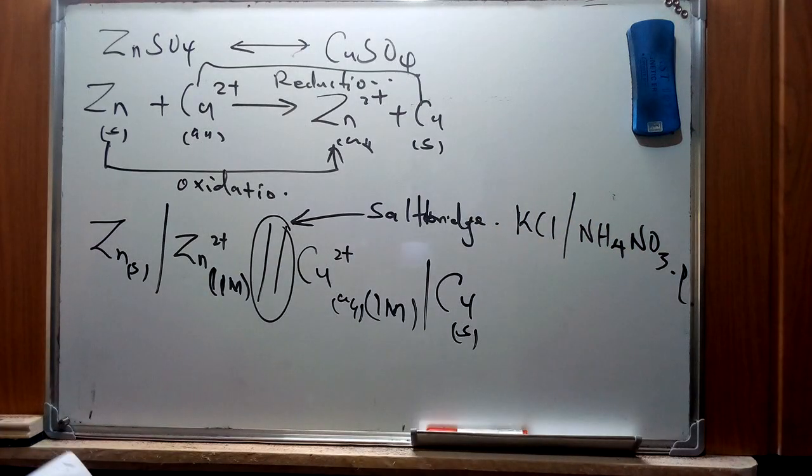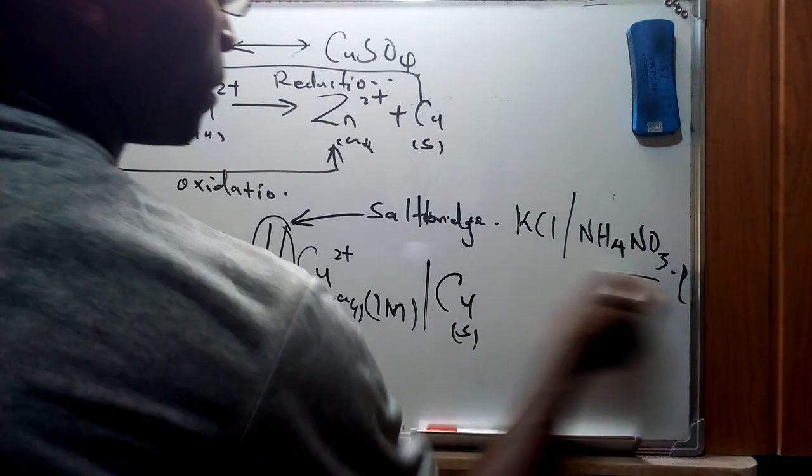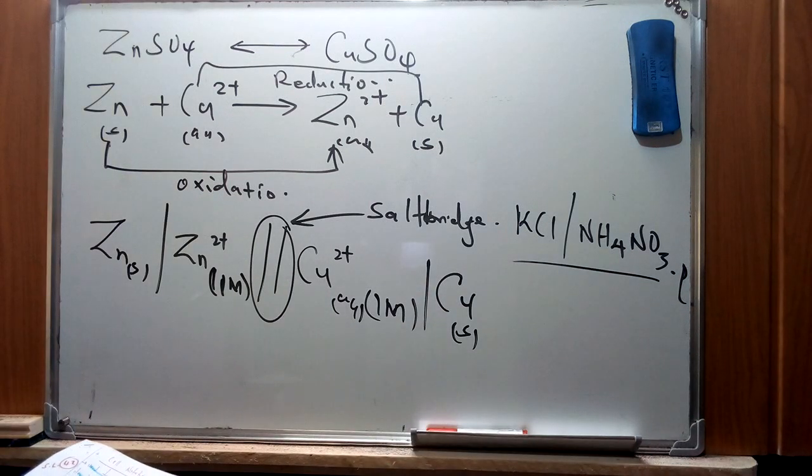For the simple reason that this is going to assist in trying to counter the junction potential, the liquid junction potential, which is created due to the differences in electrolyte concentration between the two half cells. And this, of course, can be used in conjunction with lithium acetate.